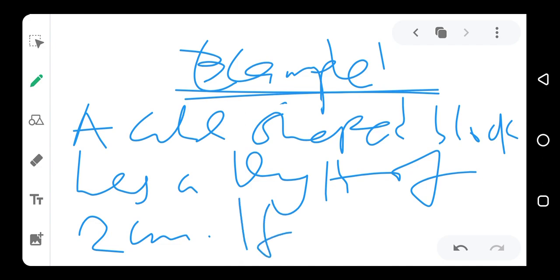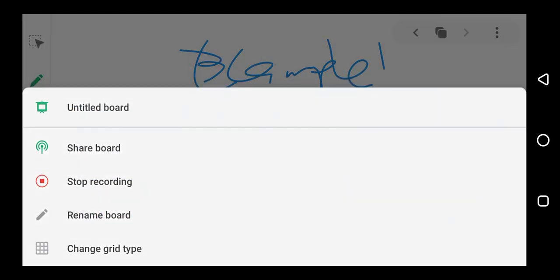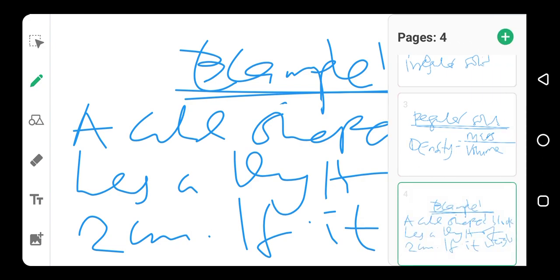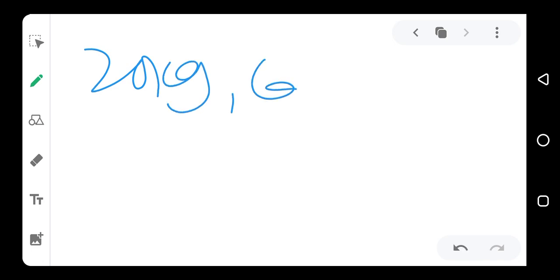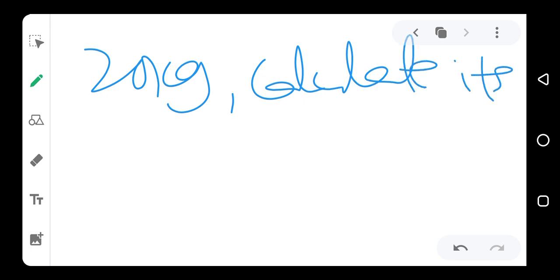If it weighs 20 kilogram, calculate its density.